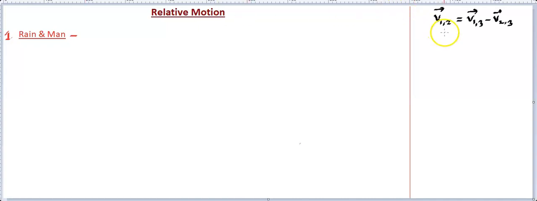Now in this video we will be learning to use this formula in certain cases. There are certain types of questions that are very popular based on this formula, and whenever the need arises, we will be using it. We are starting with the first type of question, which includes rain and a man or a person.